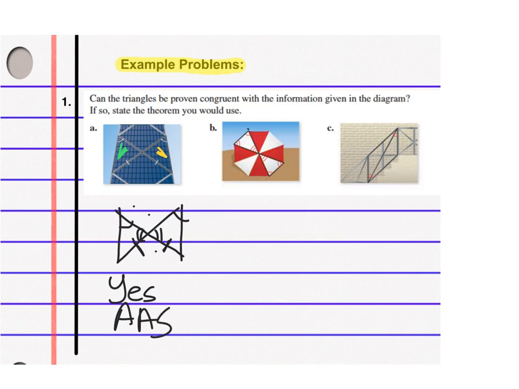Okay, in part B, we have 3 angles, angle, angle, angle. So go back, look at your notes. Does that work? Angle, angle, angle. Hopefully you're saying no. That's not a shortcut. Okay, and this last one I will also redraw because it's a little hard to see.